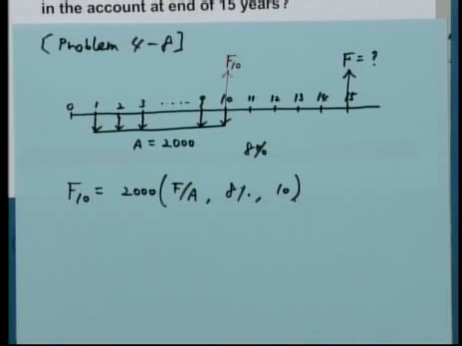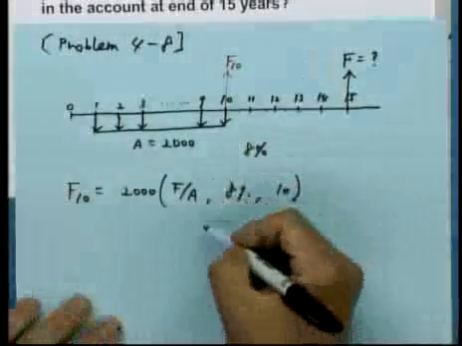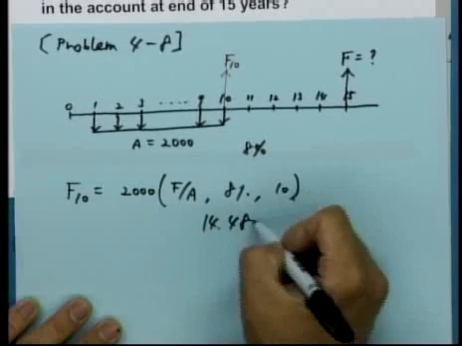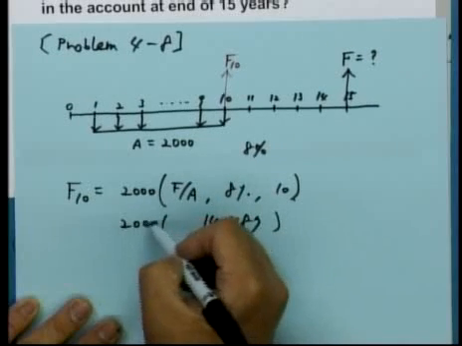And this factor value is going to be f given a, 14.487 in page number 611, times 2,000.